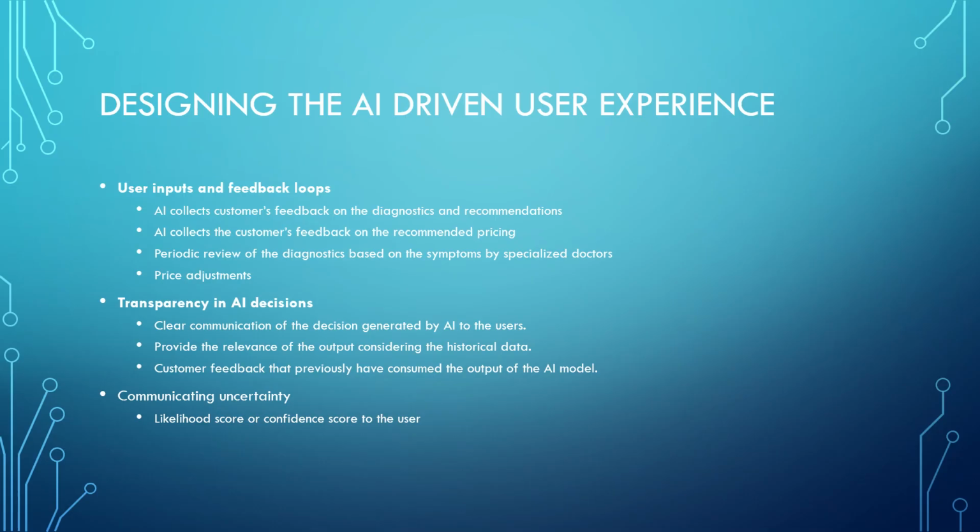So we have to make sure the recommendation is based on the historical data, and we show that information to the customer so that the customer feels that this is based on, let's say, 10,000 recommendations, or certain thousands of records the model has already been trained on, and it is recommending the output based on that data.